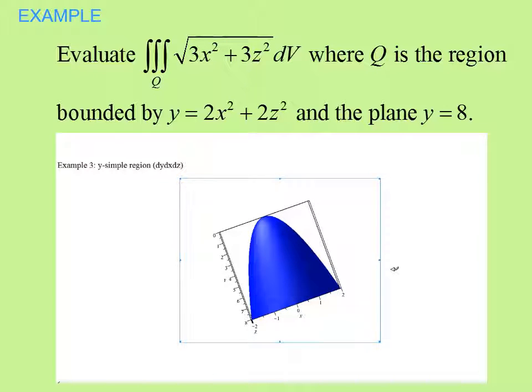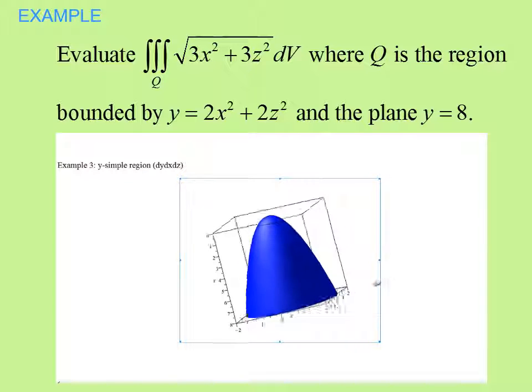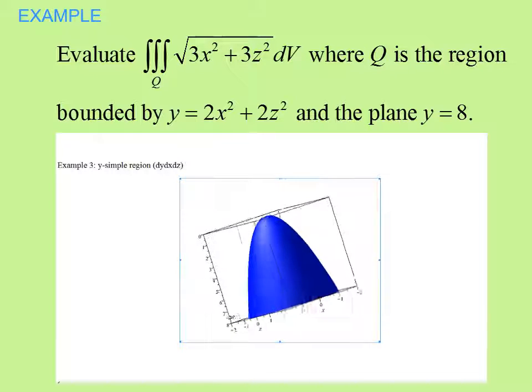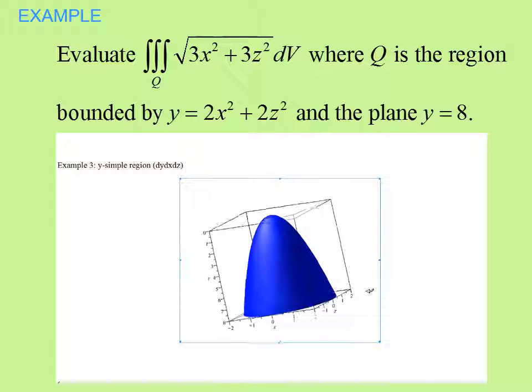What do we notice about that? Well, it's blue both ways. You're going from blue to blue. You're going from one surface to the same surface. You're not going between two different surfaces. That is not z-simple.